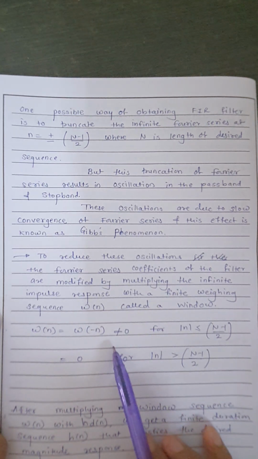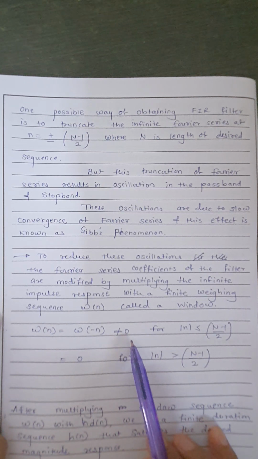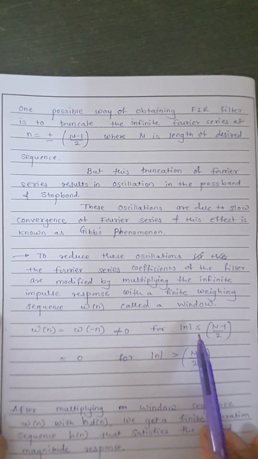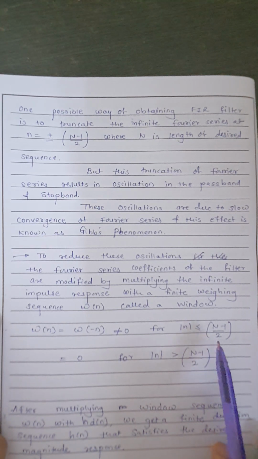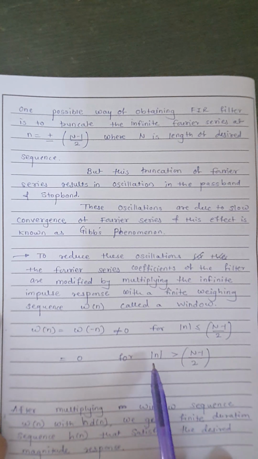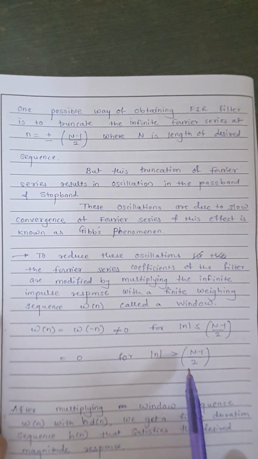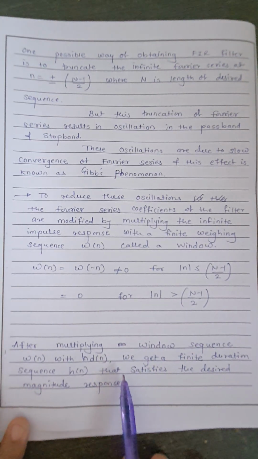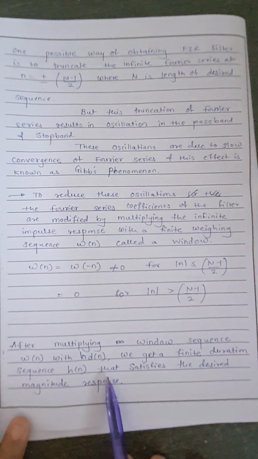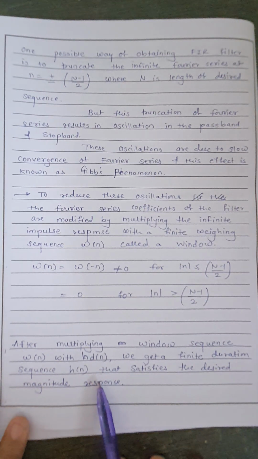w of n is always equivalent to w of minus n, which is not equal to 0 for modulus of n less than or equal to (N minus 1) divided by 2, and it is equal to 0 for modulus of n greater than (N minus 1) divided by 2. After multiplying window sequence w of n with h_D of n, we get a finite duration sequence h of n that satisfies the desired magnitude response.